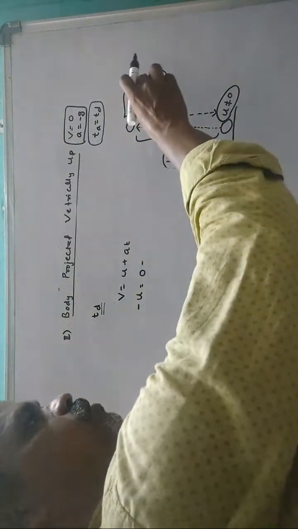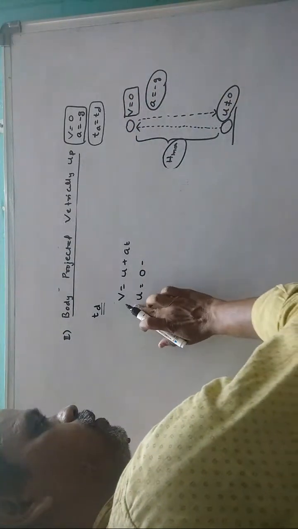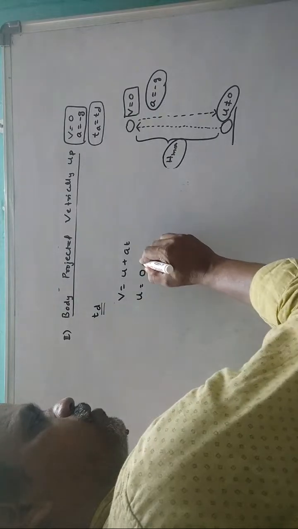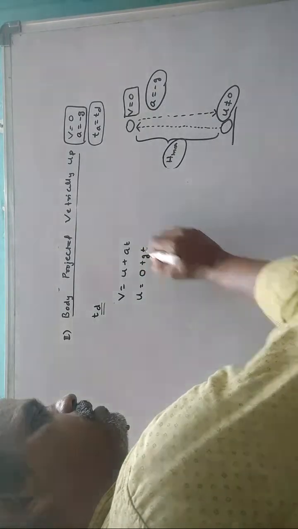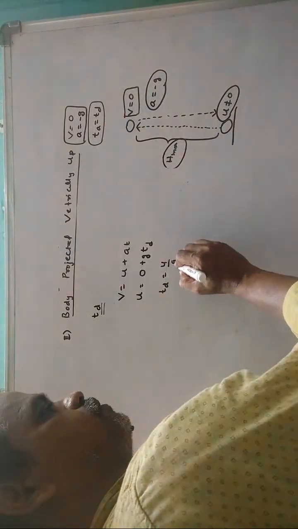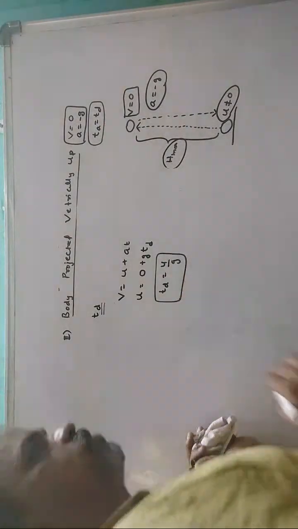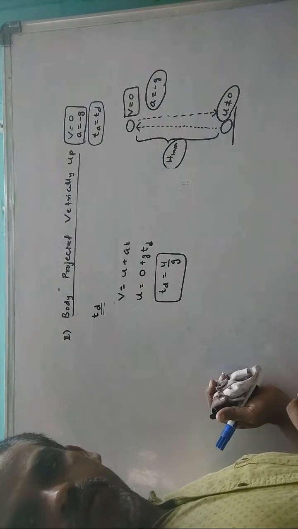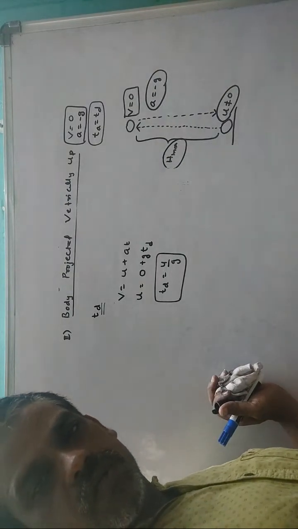Traveling down means a equals plus g, so g Td equals u, Td equals u by g. Did you understand this one? Is there any confusion?